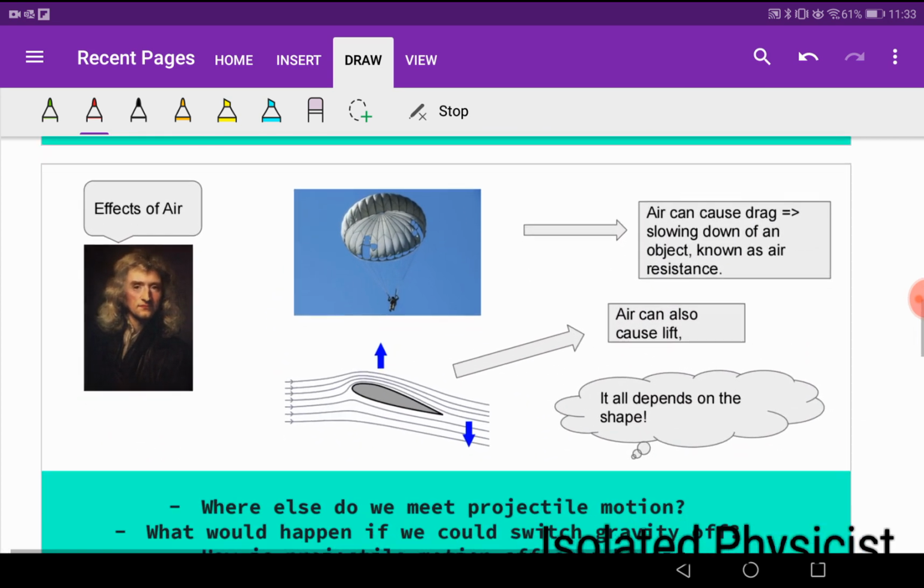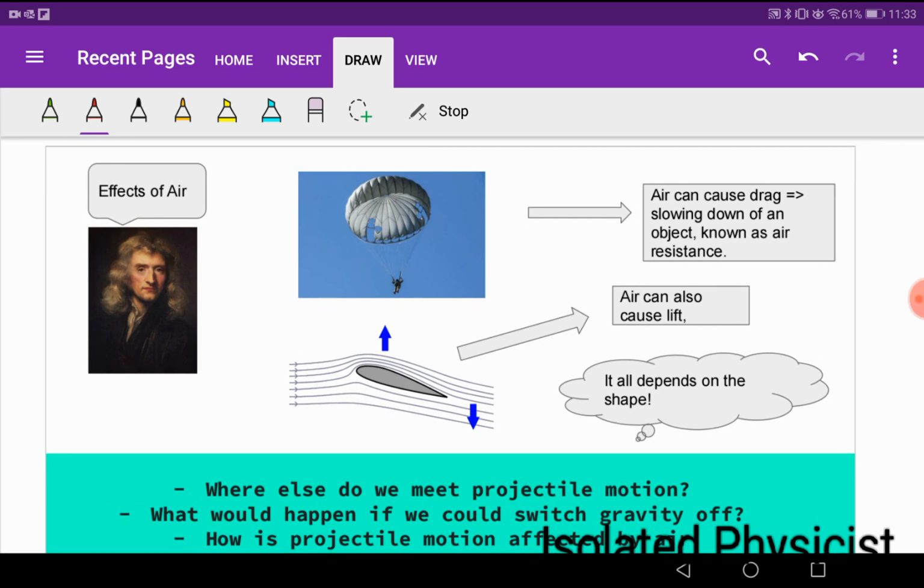I'd like to talk very briefly about the different effects of air. Now, air can do one of two things really to an object moving through it. It can cause drag, which slows you down, known as air resistance.